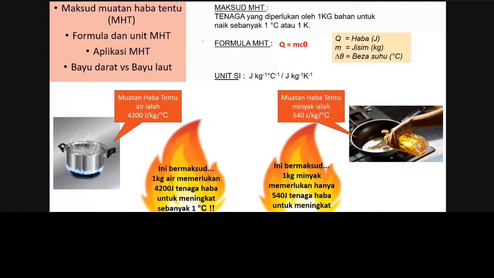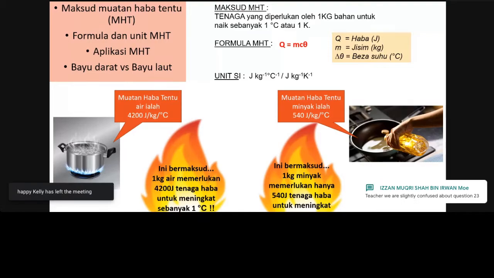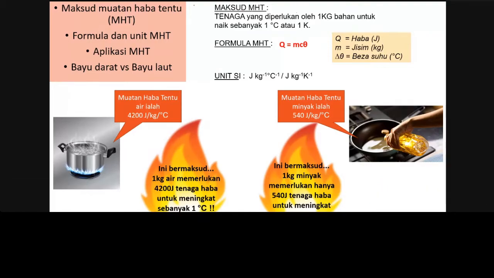Okay, selalunya soalan definition, dia nak you bagi lengkap. You tak boleh macam, you mesti ada all the keywords needed lah. So that's the thing about definition question. It's only 1 mark, but you still have to get complete answer.